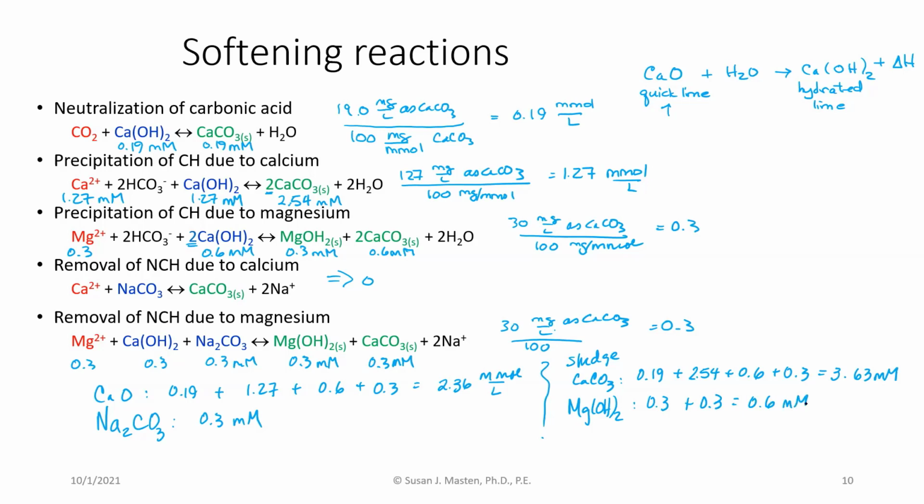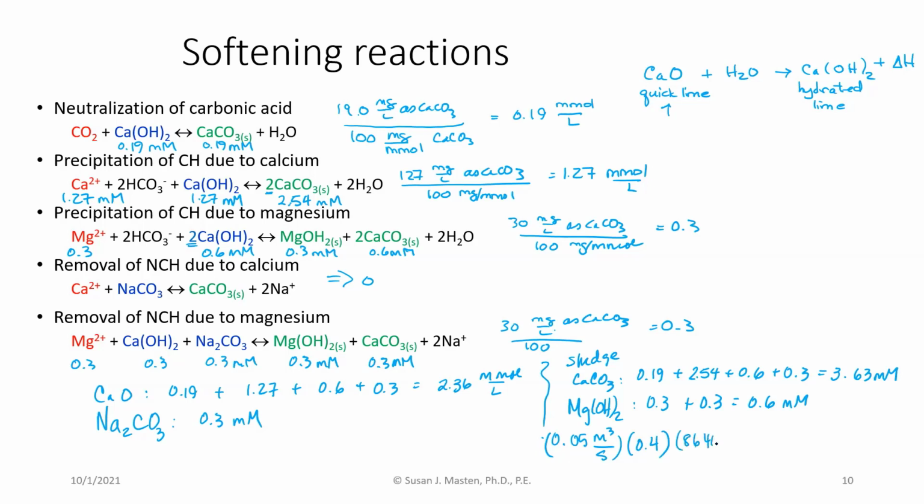The last step in this type of calculation is the determination of the mass that we're producing. We have 0.05 meters cubed per second. We're treating 40% of the flow.